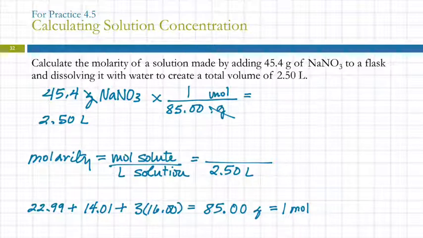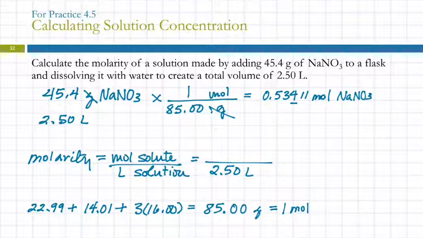Take my 45.4, divide by 85.00, 0.534. I'm just keeping track of significant figures as I go along. This one had 3, so this result should have 3. And then I'm going to write down 2 extras because that's what I do. That many moles of sodium nitrate.